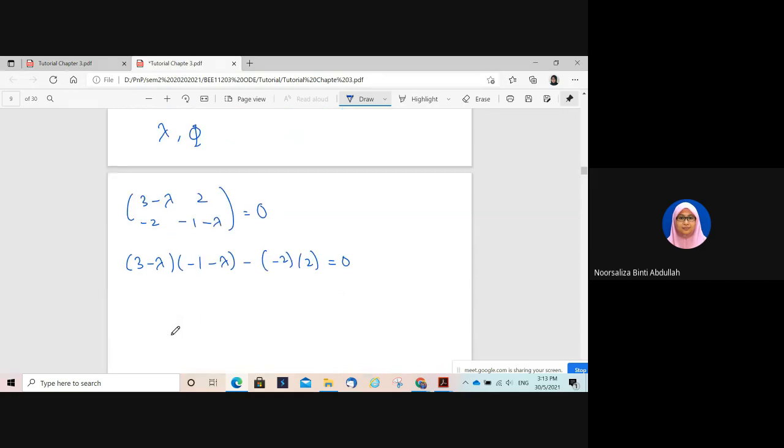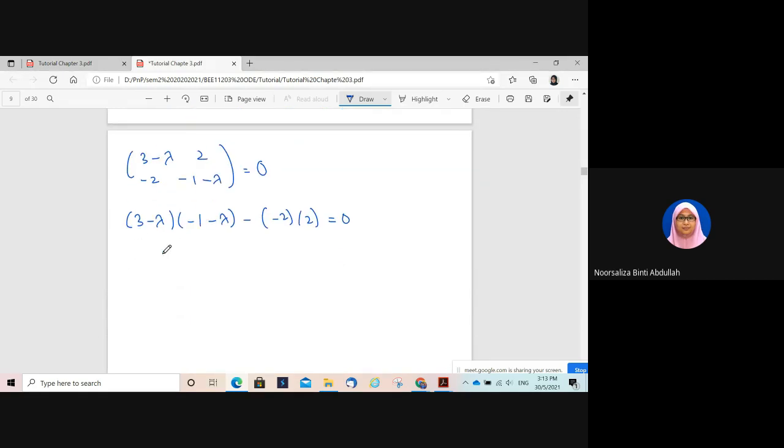Then 3 times -1 is -3, here -3 lambda plus lambda squared, minus 2 minus 4 plus 4 equals 0. Then we can rearrange: lambda squared minus 3 lambda plus lambda is minus 2 lambda, then minus 3 plus 4 is 1, so plus 1 equals 0.